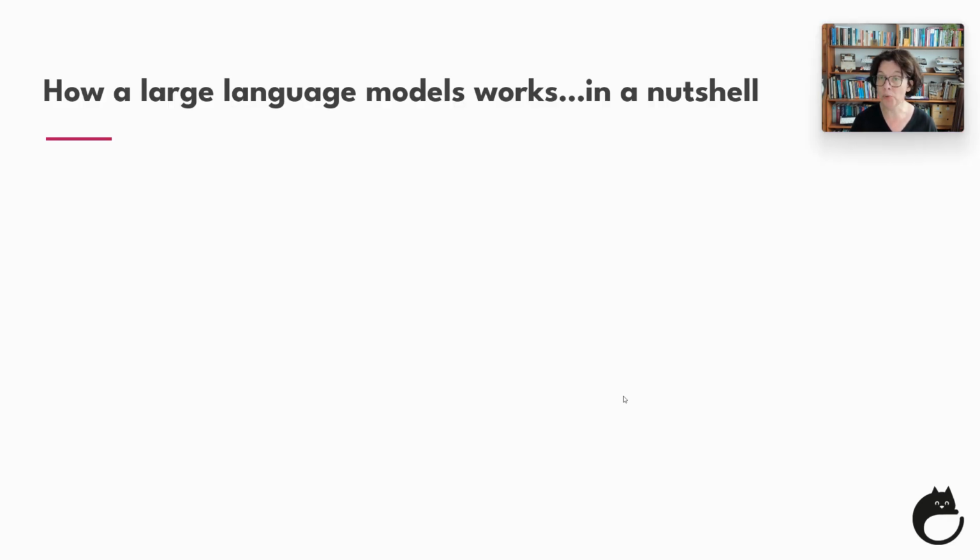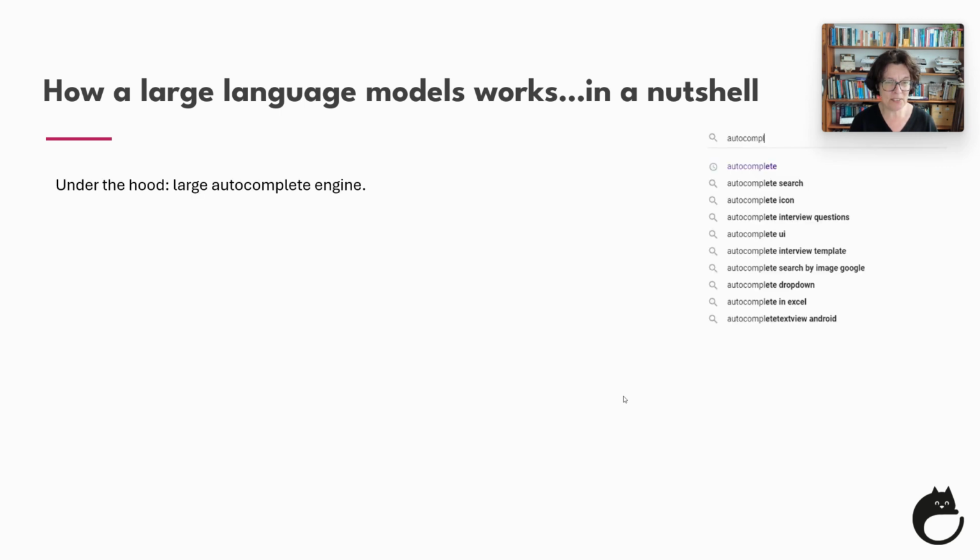How large language models work, in a very, very small nutshell, because hey, this is for us content professionals, right? We're not data scientists. So if you look under the hood of a large language model, what you'll find is basically a very large autocomplete engine, just like the one in your Google search and the one on your phone that completes your text.